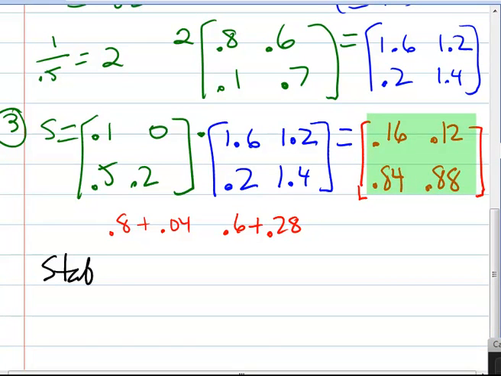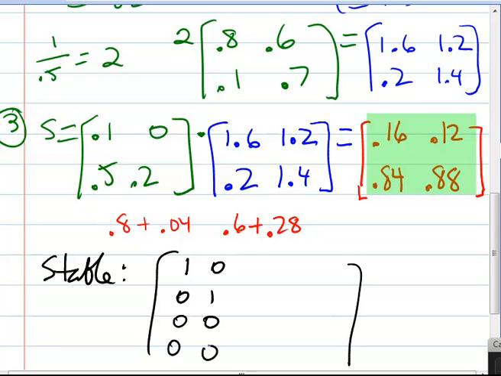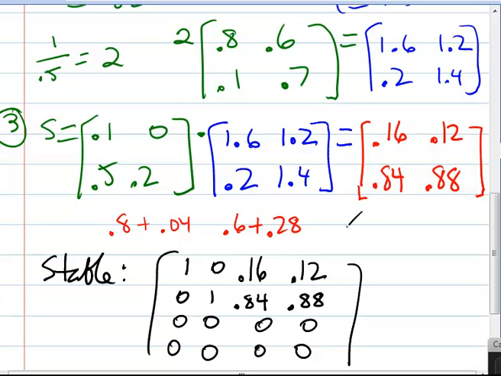Here's my stable matrix. It's going to be a 4 by 4 matrix, with zeros across the bottom two rows. In the top position I put this matrix, which is S times (I minus R) inverse.